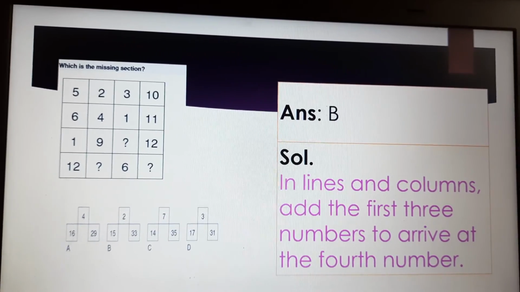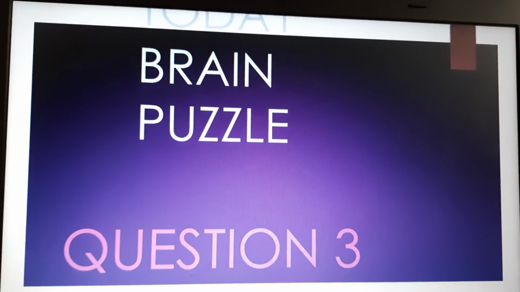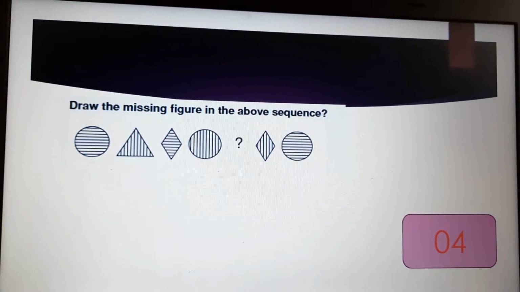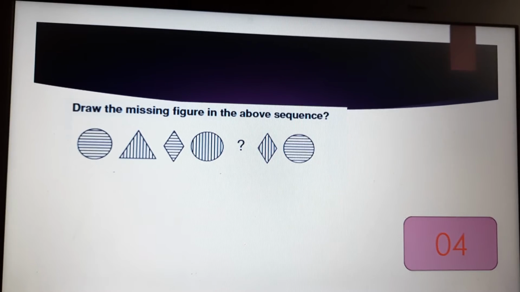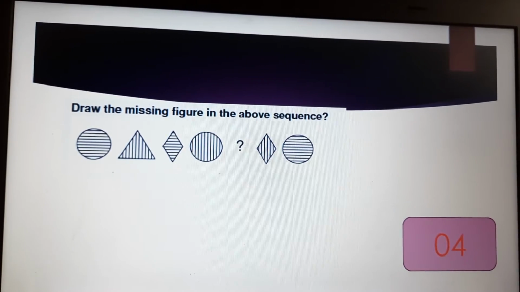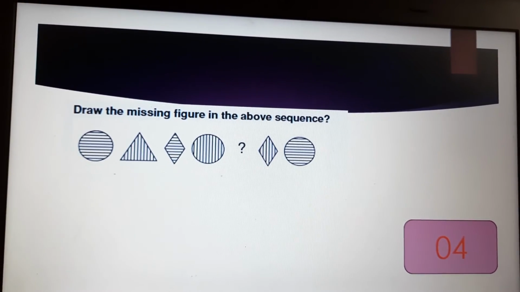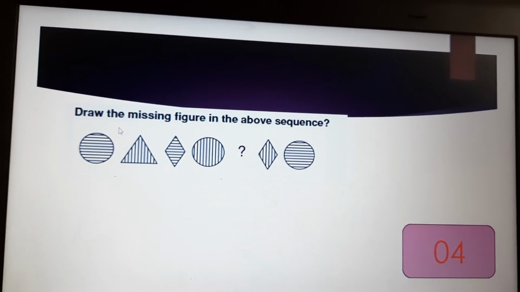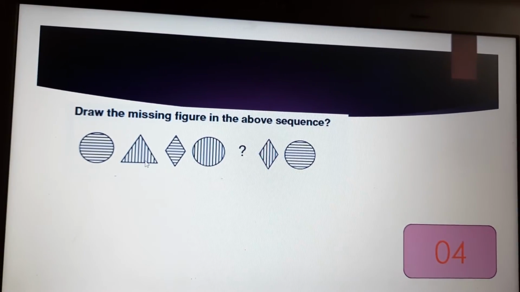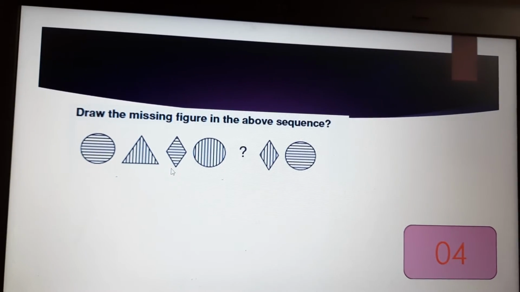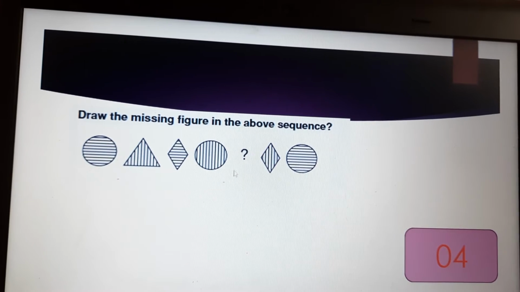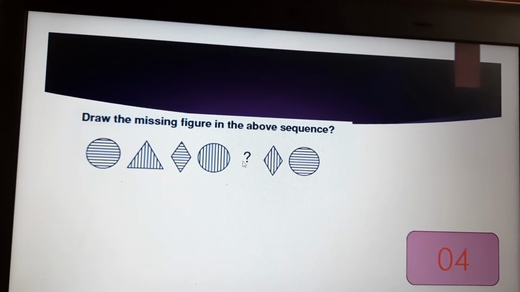Let's move on to our next puzzle. Draw the missing figure in the above sequence. We have first circle, then triangle, then diamond, then again circle, then... Which image should replace here?